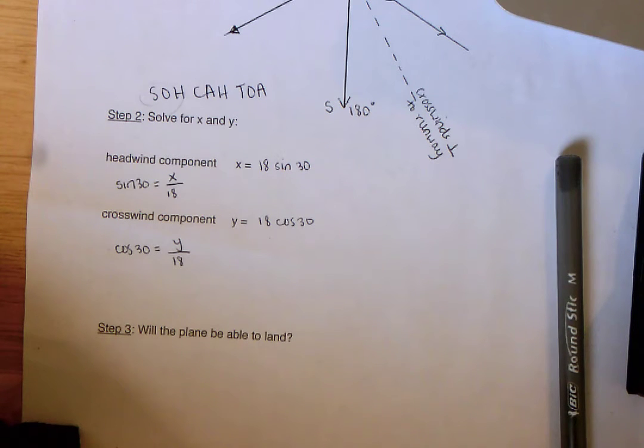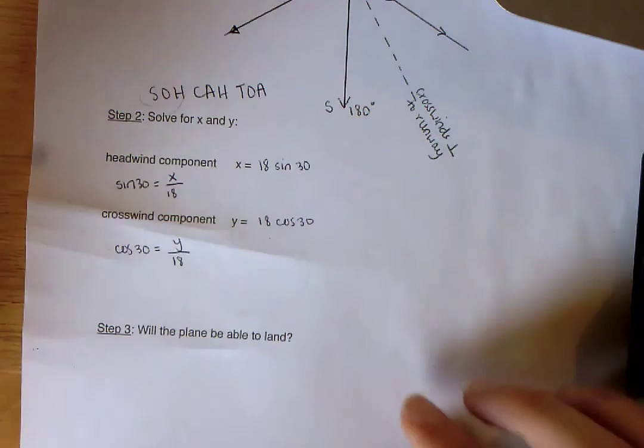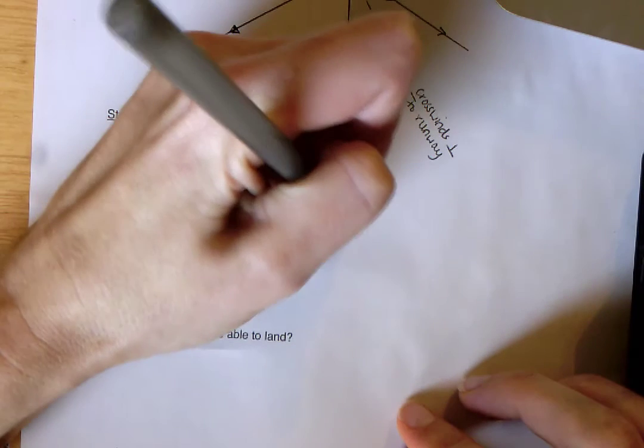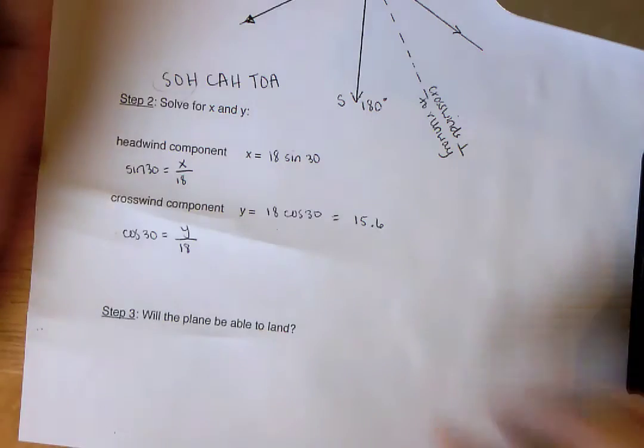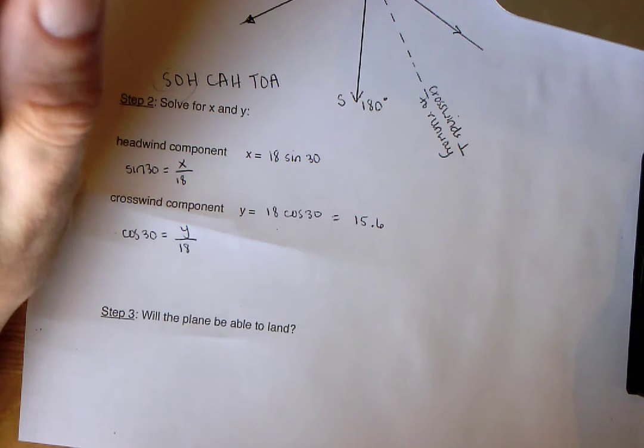So 18 cosine 30, putting it in now, make sure you're in degrees, is 15.6 basically. And even though I don't need to do the sine one, I'm just going to do it anyway.